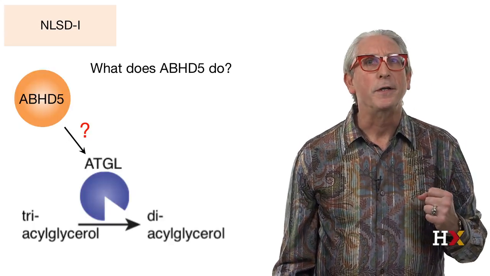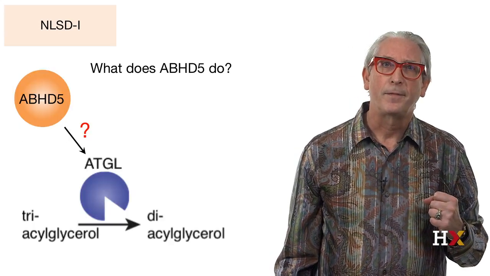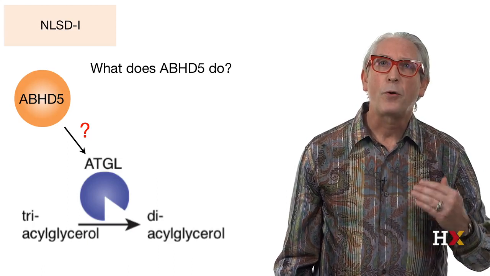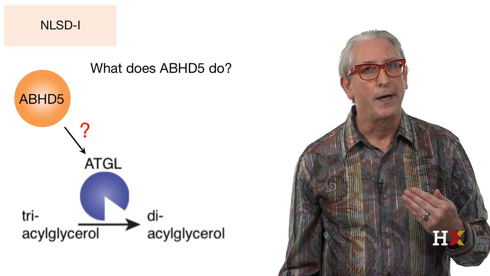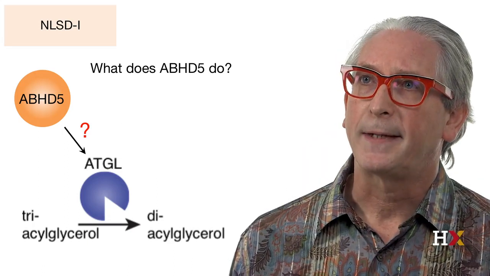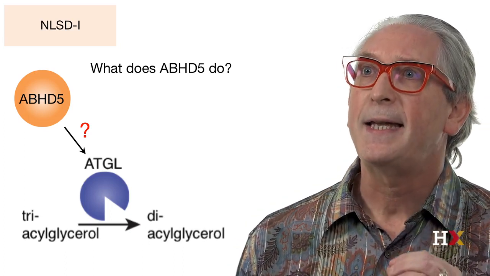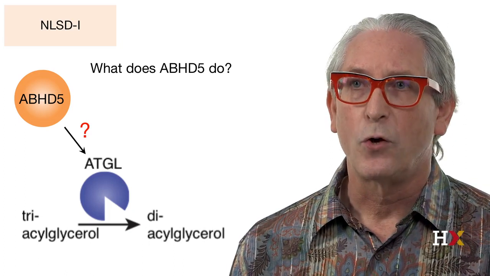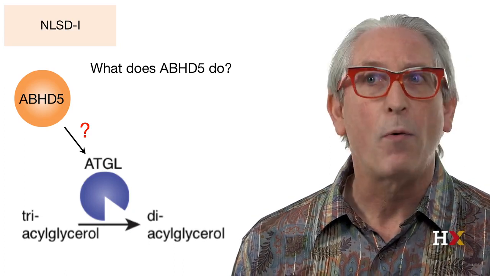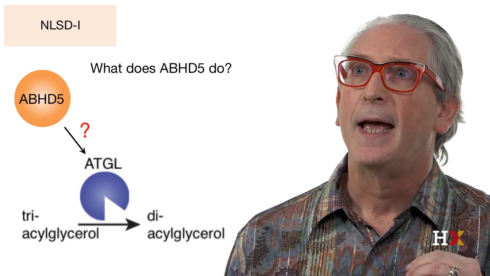So what's the function of ABHD5? As you recall, this protein is known to activate ATGL. Therefore, you would expect that NLSDM and NLSDI patients would share common symptoms. However, it's not the case.